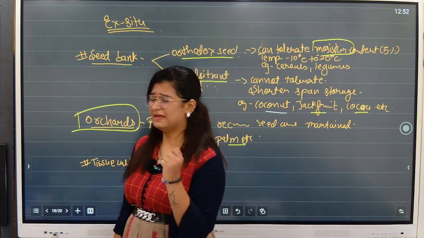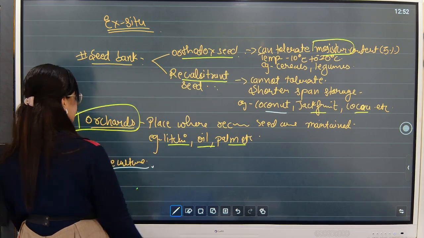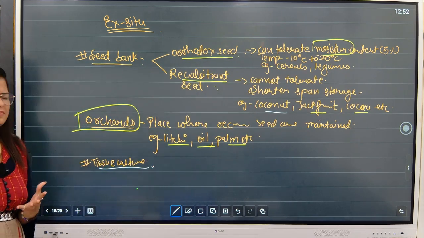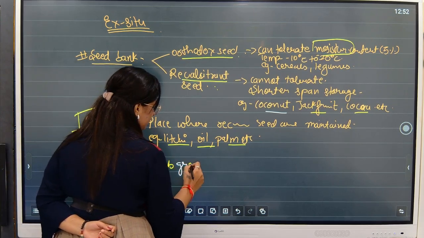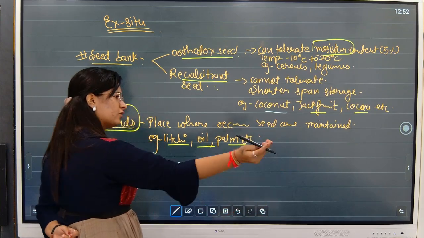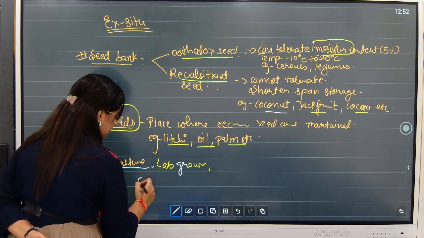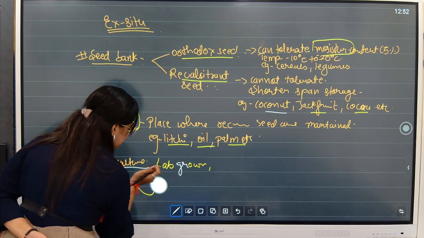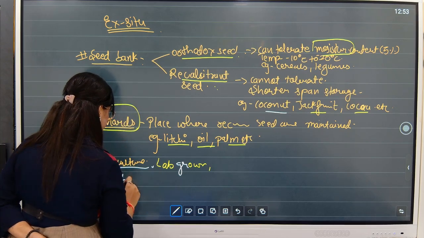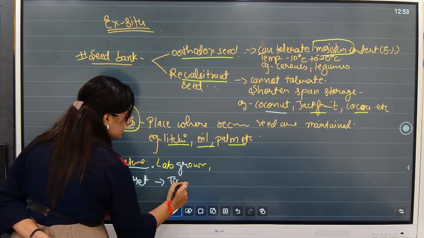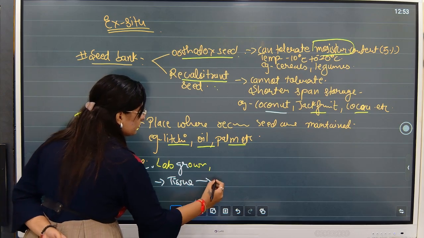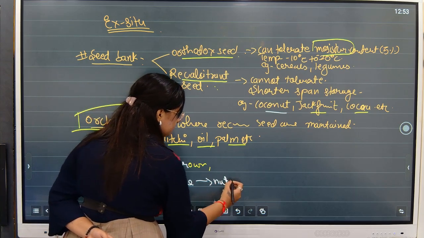Now the next topic that we had was tissue culture. So tissue culture में क्या, basically here you are going to do things in the lab grown. ठीक है, what we are going to do, we are going to have a plantlet का I am going to take tissue को I am going to provide the nutrient medium in the test tube.